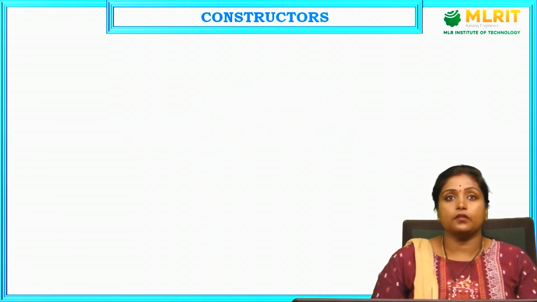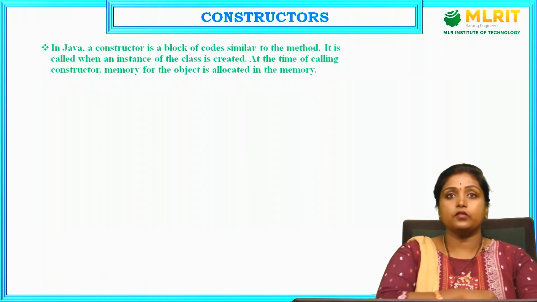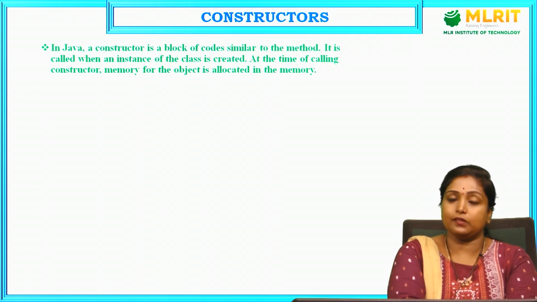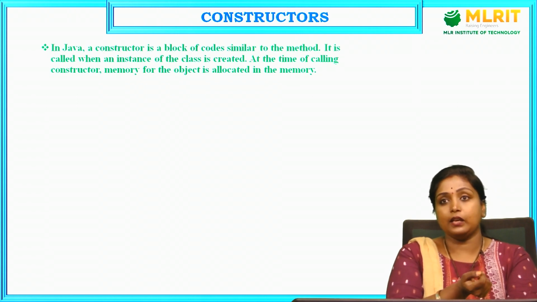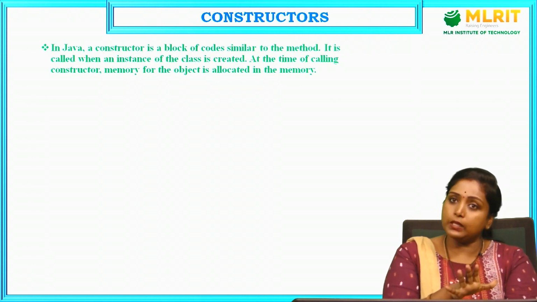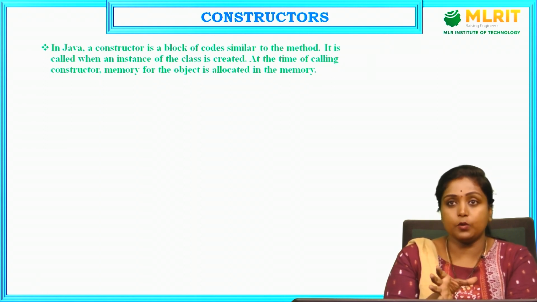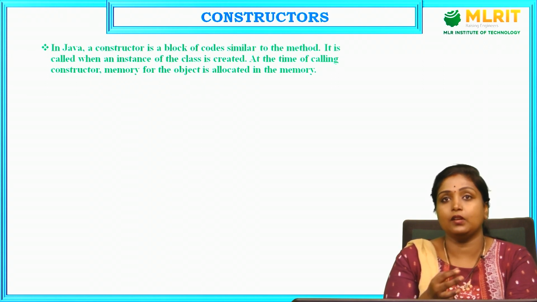So, what is a constructor? We have the concept called constructor in C++. What is a constructor basically? A constructor is also a method which has some code inside it, which is used to initialize values, variables, or do some print.